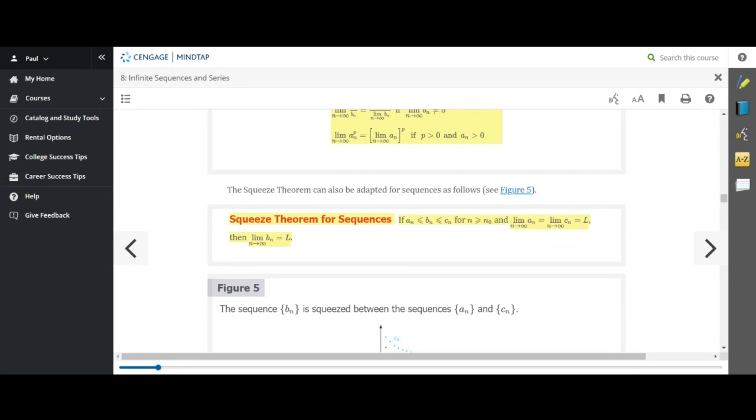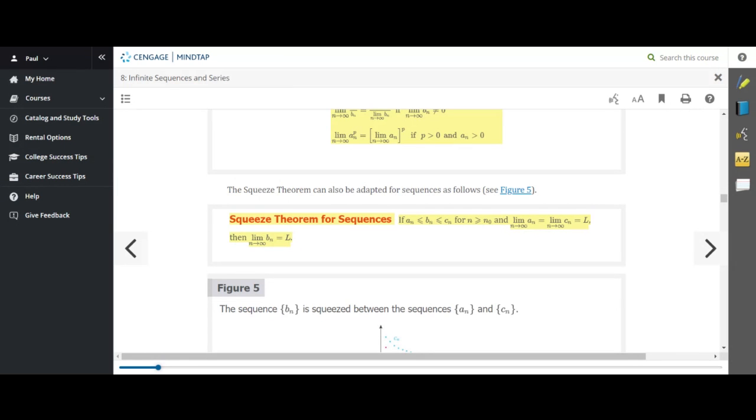Yes, question, Samuel. What does that symbol mean? Is that just less than or equal to? Oh, yes. A sub n is less than or equal to B sub n, which is less than or equal to C sub n.